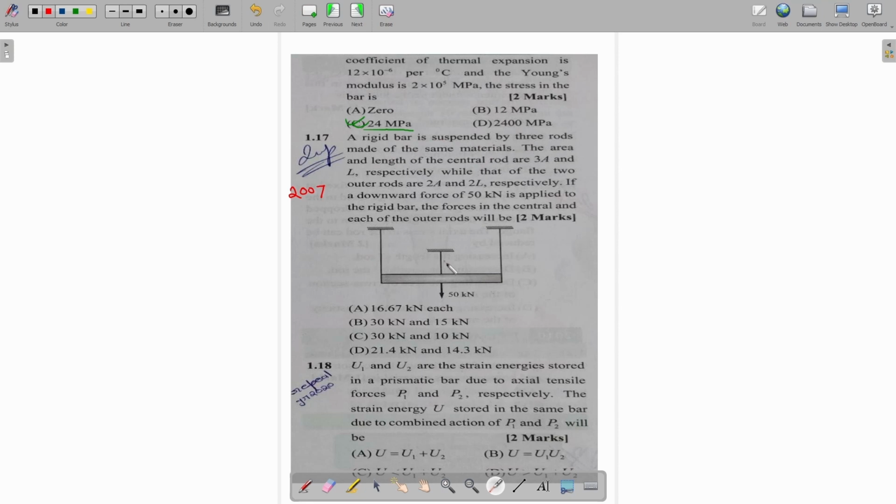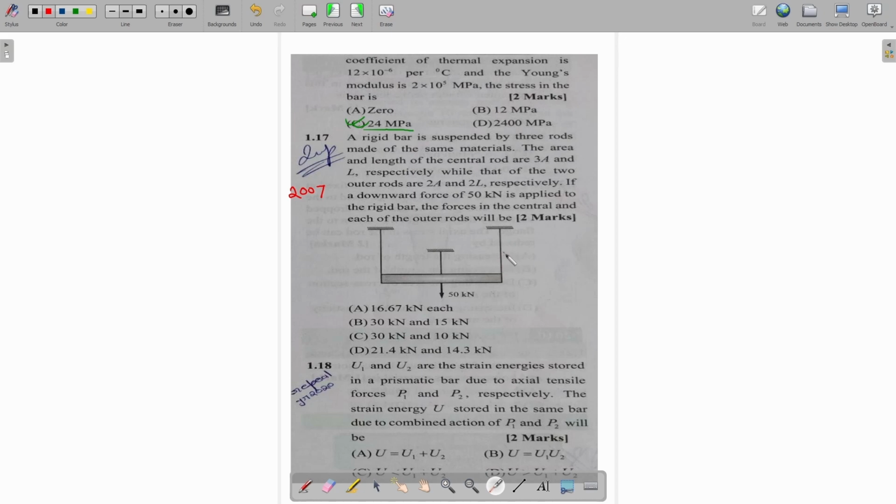The area and length of the central rod are 3A and L respectively, while those of the 2 outer rods are 2A and L respectively. A downward force of 50 kN is applied to the rigid bar. The force in the central and each of the outer rods will be. Now, what is required? The forces in the central as well as the outer rods.